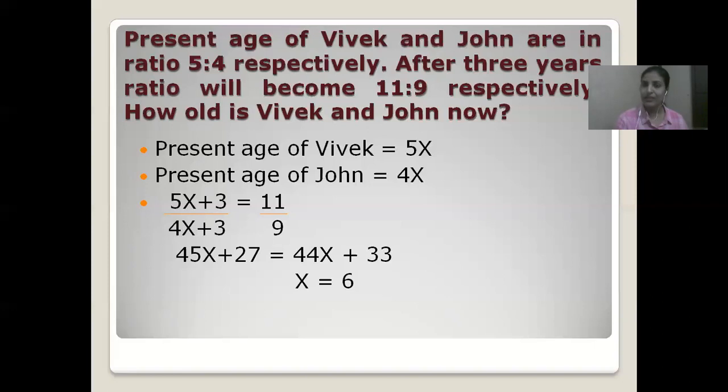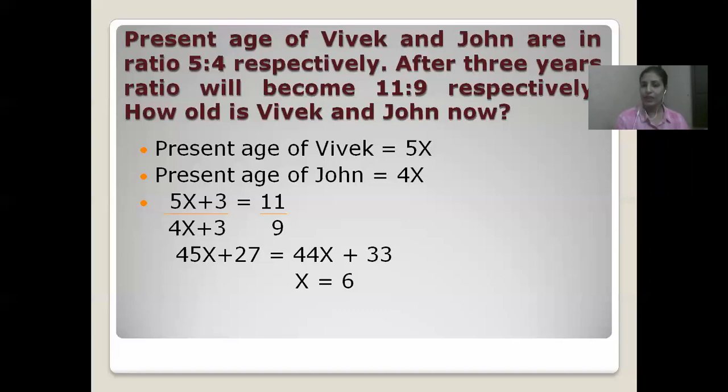Then we cross multiply this. 5x plus 3 into 9 equal to 11 into 4x plus 3. When we open the brackets, you get 45x plus 27 equal to 44x plus 33. Then taking the x terms to one side and the numbers to the other side, 45x minus 44x equal to 33 minus 27, that is x equal to 6.